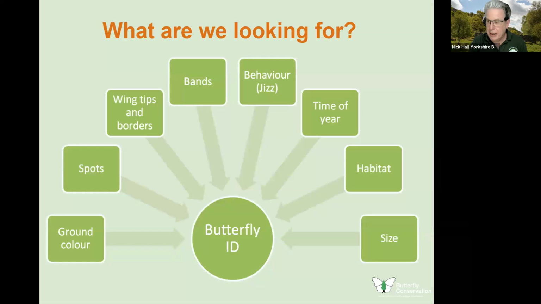Equally important is habitat, where they're actually flying. You only see woodland butterflies generally in a woodland habitat, and heath butterflies in a heath, etc. When we move from open countryside into woodland, those species are going to change quite dramatically. Size, of course, is very important because it gives us a lot of clues as to what the species is.